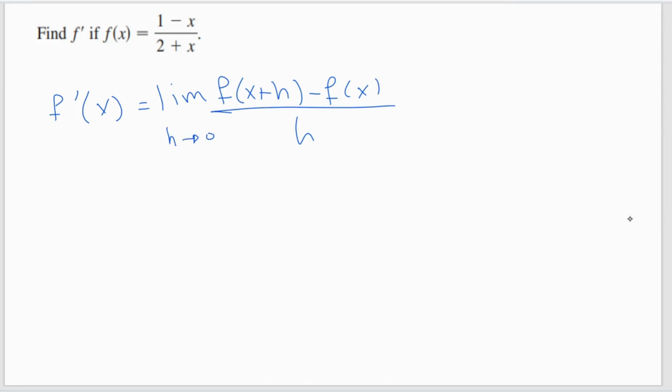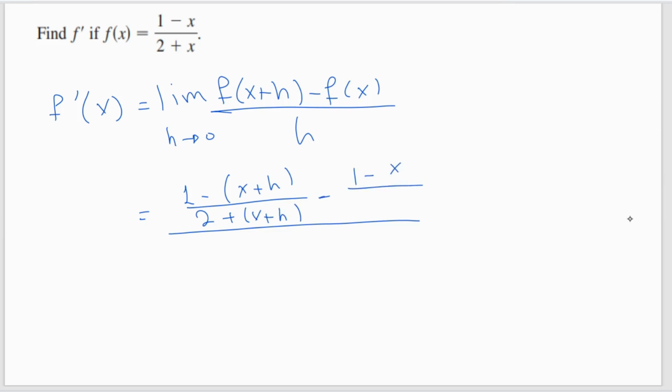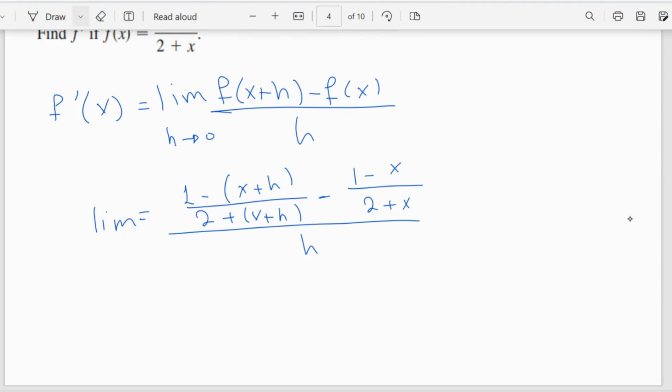What we're gonna do, we will just substitute the original function: (1 minus (x plus h)) over (2 plus (x plus h)) minus (1 minus x) over (2 plus x), all over h, and here don't forget the limit as h goes to 0.